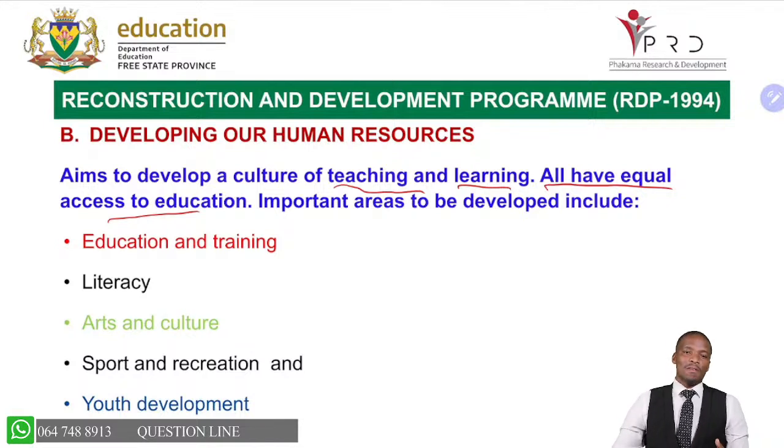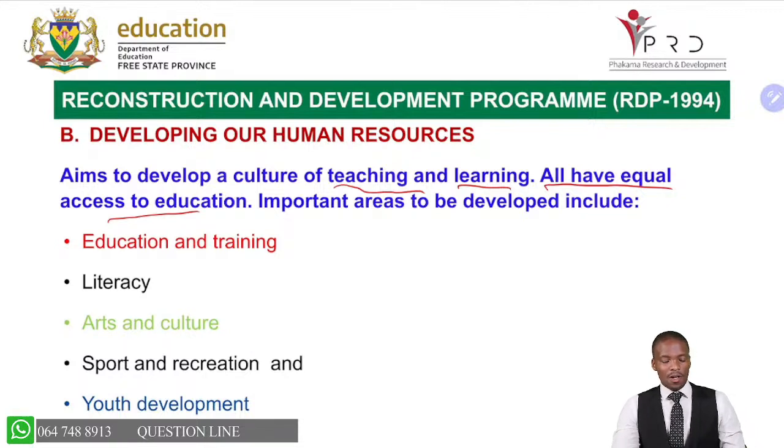Hence, you look at now in our government structures, under the MECs, you'll find that there's the MEC for education, there's the MEC for sports, arts, and culture, if they are not combined, and also there's the ones that are responsible for youth as well as women. That is because of the policy that was achieved in 1994.